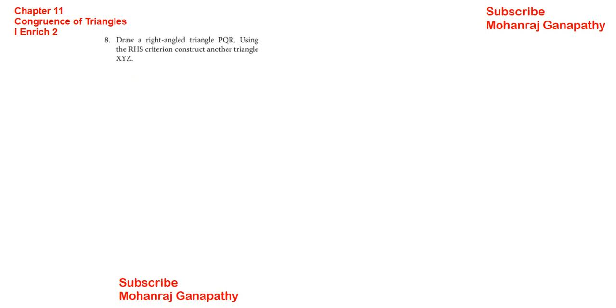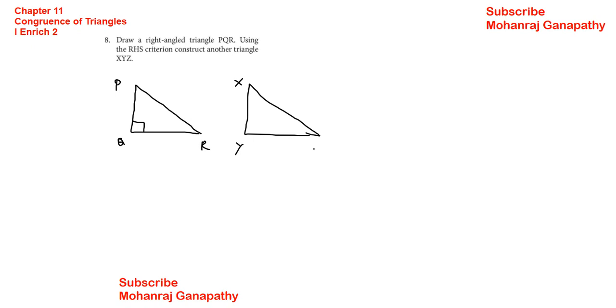Eighth sum. Draw a right angled triangle PQR using RHS, right angle hypotenuse side criterion. Construct another triangle XYZ. I am drawing it roughly. You can use scale and pencil. Angle Q is 90 degrees. Using the RHS criterion, XYZ.